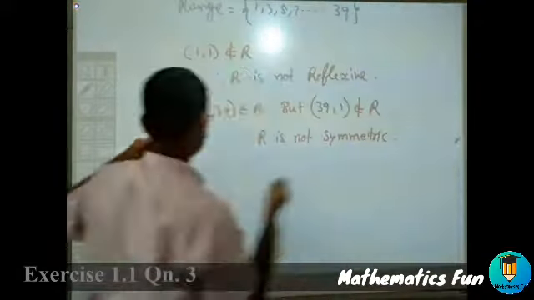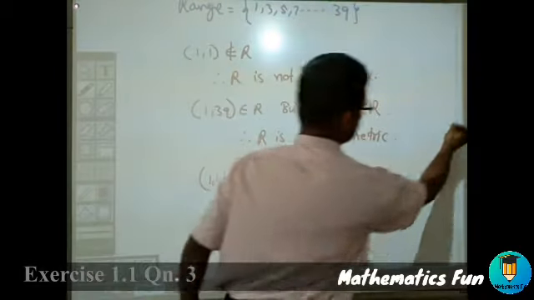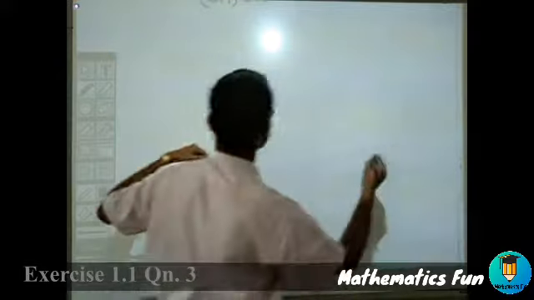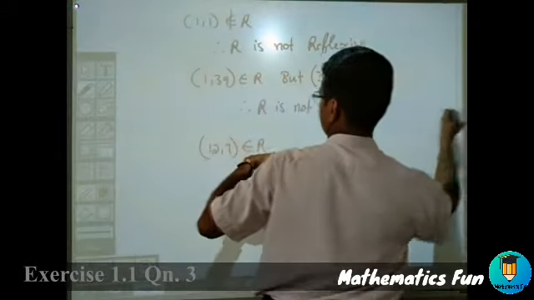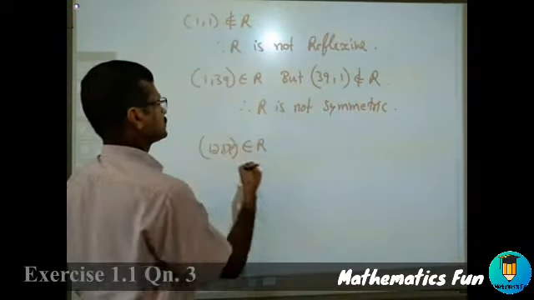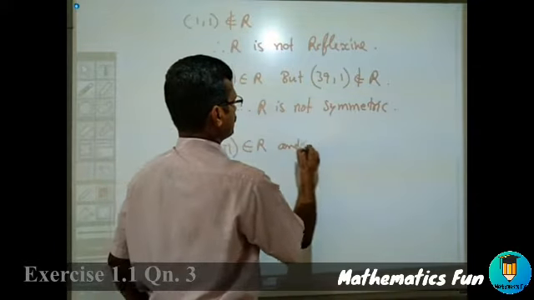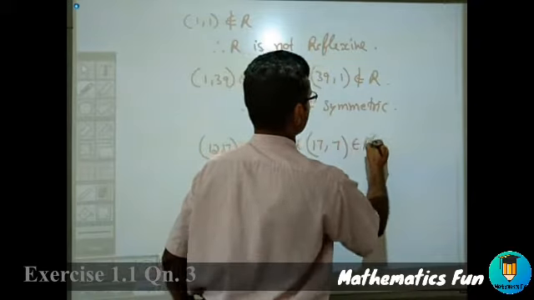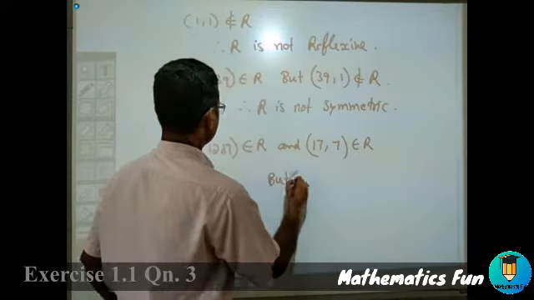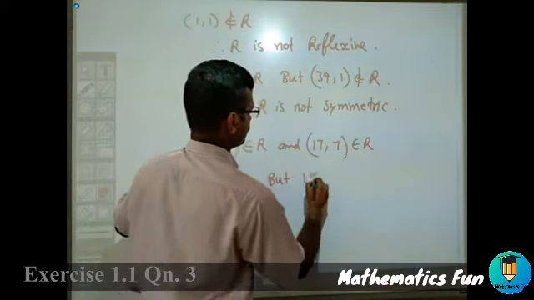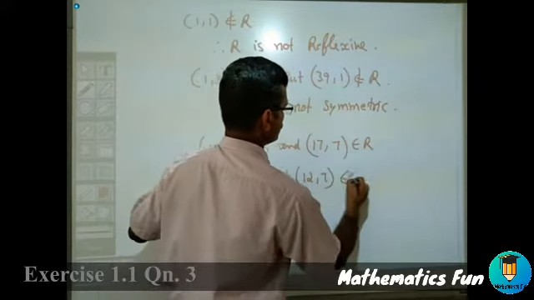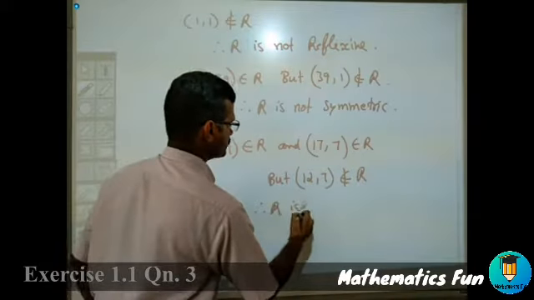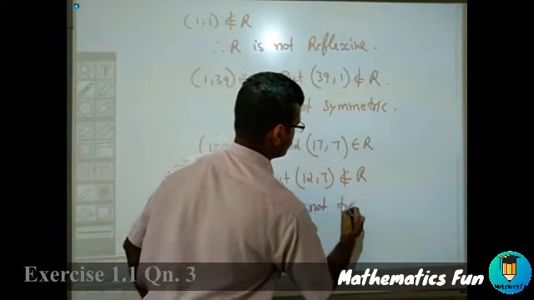(12, 17) belongs to R, and (17, 7) belongs to R, but (12, 7) does not belong to R. Therefore, R is not transitive.